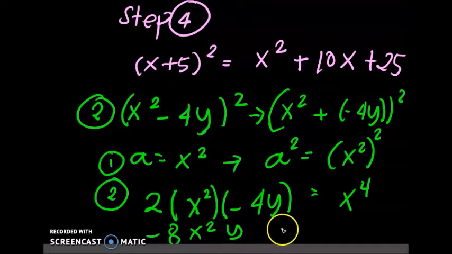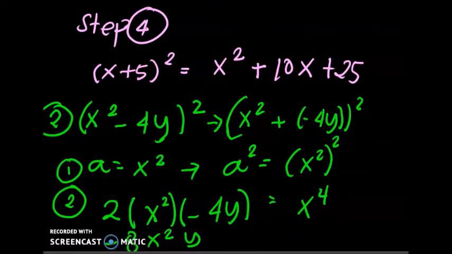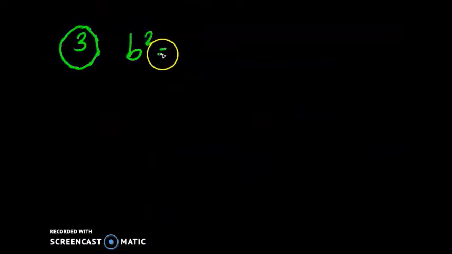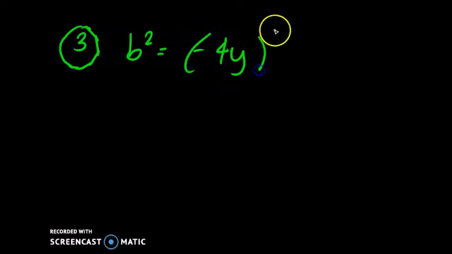y. Let's now go to our third step, which is, in order to get the third term, we must square the second term, which is letter b here. In this case, we have negative 4y as our b. So here, number 3, b squared is negative 4y, and you have to square this one.